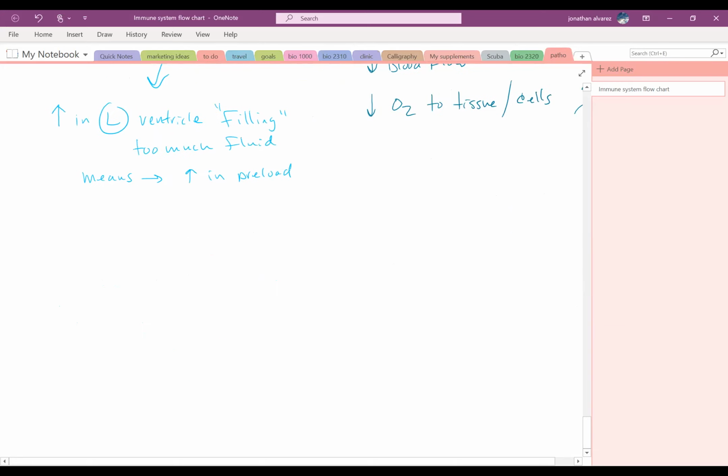And when that happens, you get an increase in the diastolic or diastole. Okay, and diastole is the bottom number. So like your normal average would be like 120/80. So the top number is your systolic, and your bottom number is diastolic. Okay, so the diastolic number goes up.